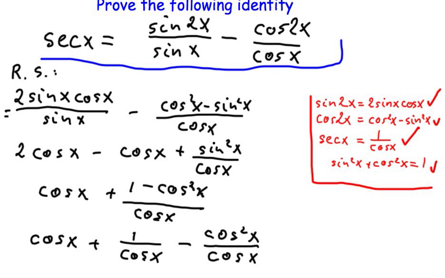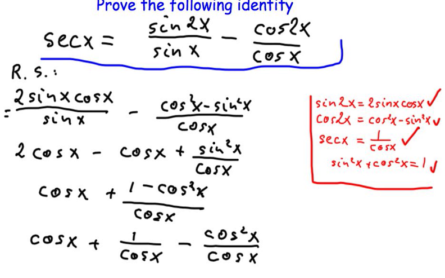So instead of sine of 2x, we'll say 2 sine x cosine x divided by sine x, of course. And the second substitution for cosine of double angle, we'll put cosine squared x minus sine squared x.